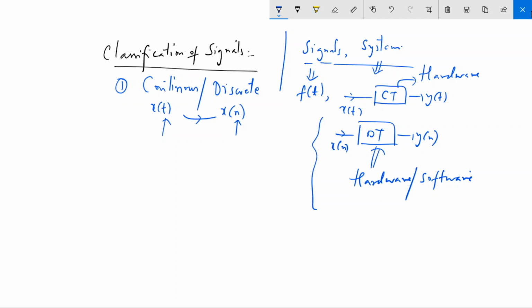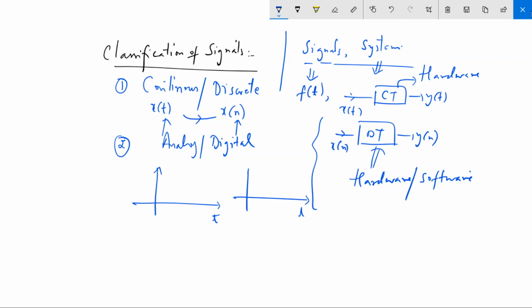Okay, another important classification of signals is analog and digital signals. Now when you classify the signals as analog and digital, we basically look at the amplitude axis, not at the time axis.